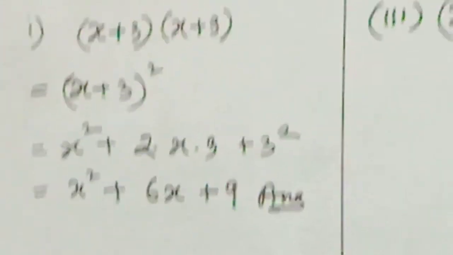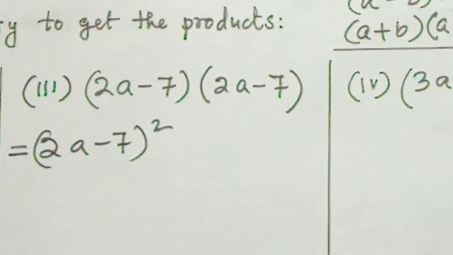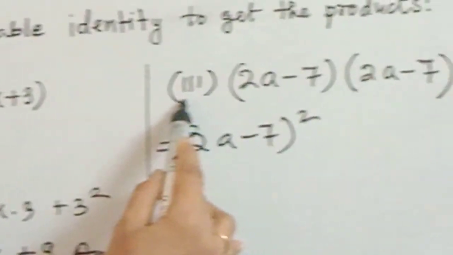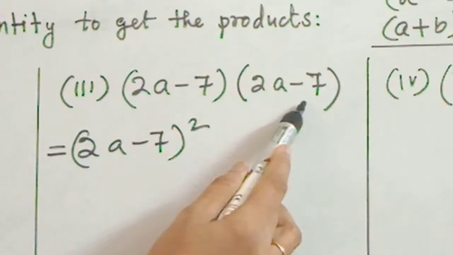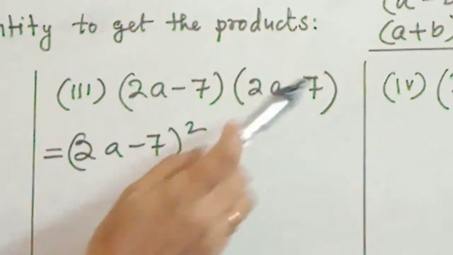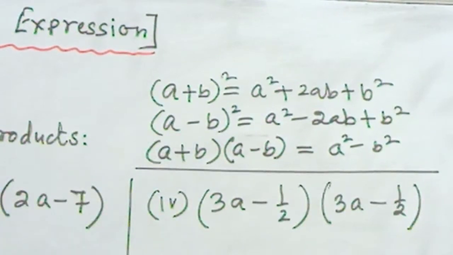Okay, come to the next sum. Question number 2 is the same as question number 1, that's why you will do it as your homework. Question number 3, 2a minus 7, 2a minus 7. That means the same binomial is coming 2 times, you can write 2a minus 7 whole square. We will use the second identity, a minus b whole square, minus sign is inside.